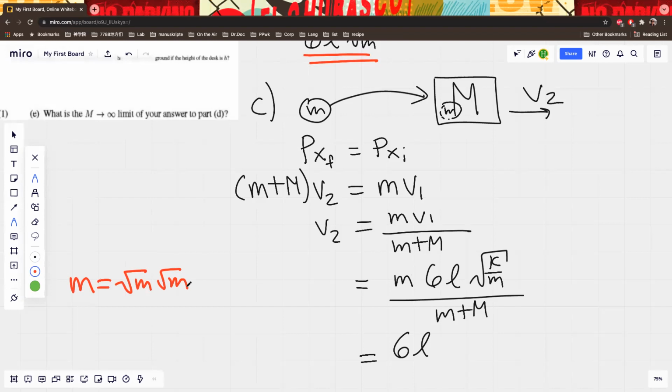If we multiply square root of m by itself, we get m, right? So now if I have m times 1 over root m, then I will get square root of m times square root of m over square root of m, which equals just square root of m.